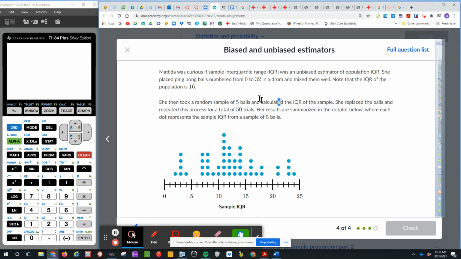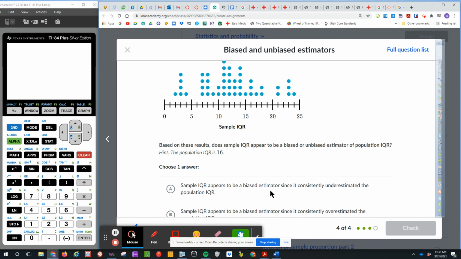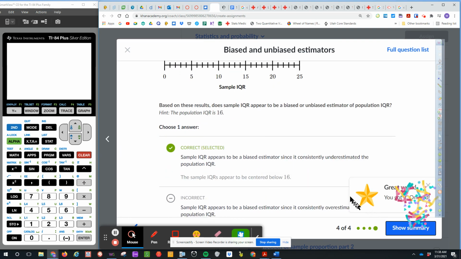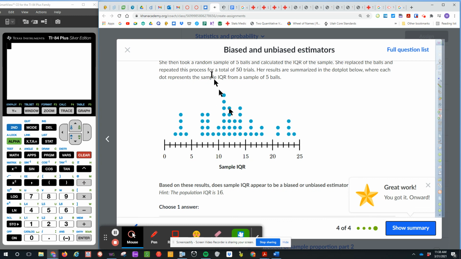But the population IQR is at 16. So you can see that there are more here to the left. So it consistently underestimates, right? It's a biased estimator, first of all, because it's not on 16. And it consistently underestimates the population IQR. Because if you look at this, what's the mean?